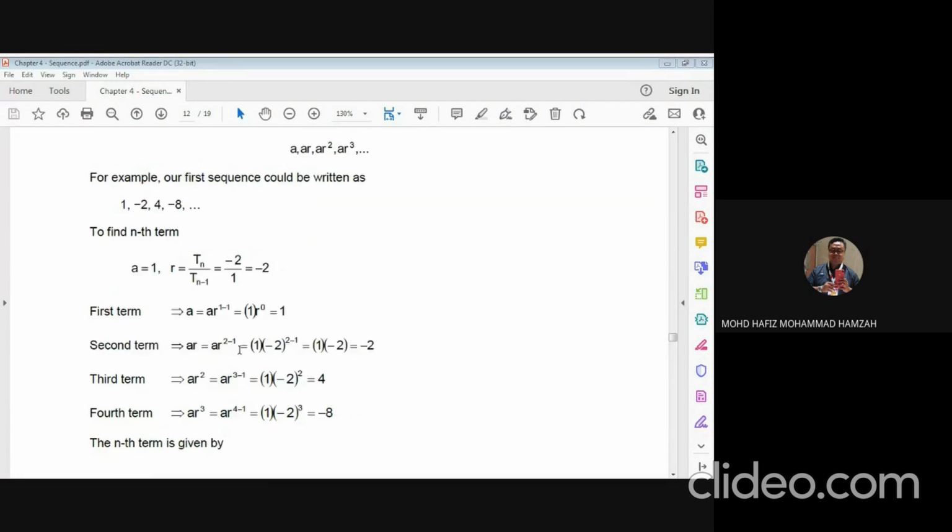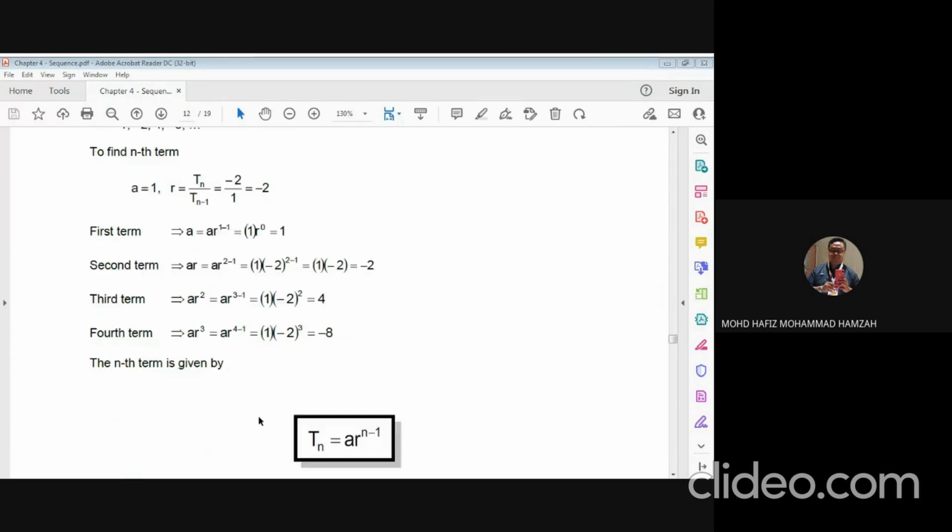So first term adalah A R to the power of 1 minus 1, dapat 1. Term kedua A R to the power of 2 minus 1. A dia 1, R dia negatif 2. Dekat sini A dengan R masih sama, cuma kuasa dia bertambah, 3 tolak 1, term keempat 4 tolak 1 dan seterusnya.